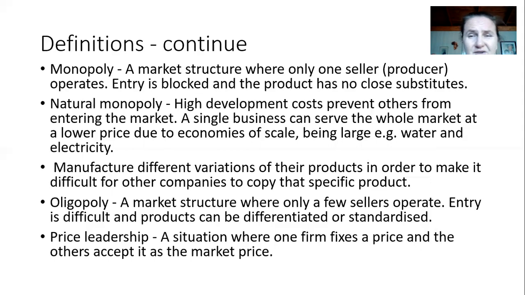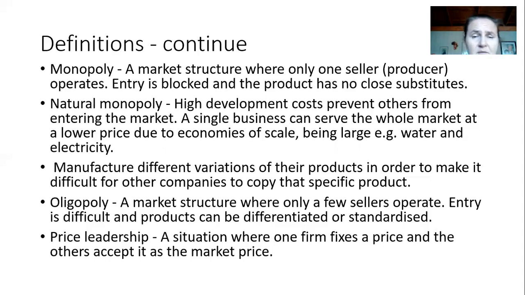So not a very good example. But as I said, many textbooks give that. The manufacturing of different variations of products also makes it difficult for other organizations to participate.